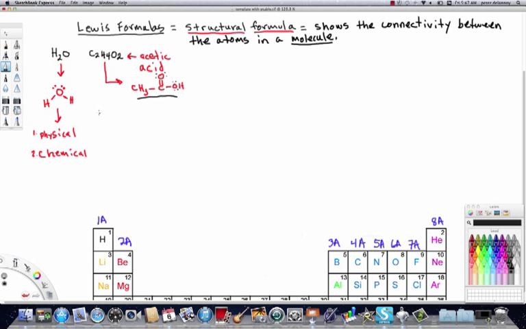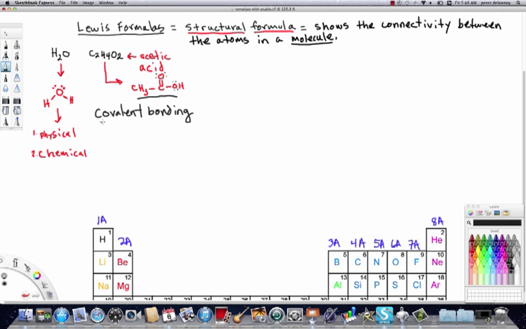So the first thing I want to remind you about is that in molecular compounds, which structural formulas are specific to, the main type of bonding is called covalent bonding. All right, I'm going to write that down, covalent bonding.